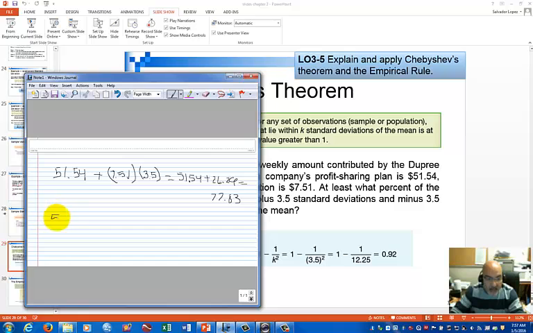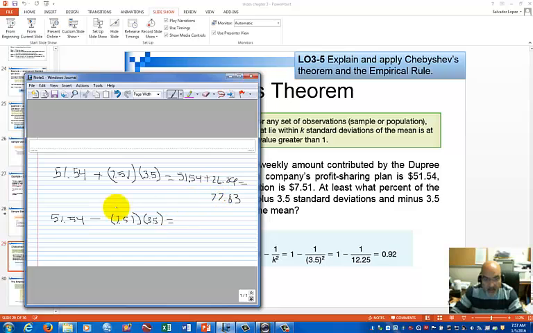And if we take 51.54 and subtract 7.51 times 3.5, what is that equal to? Well, it'll be 51.54 minus 26.29.